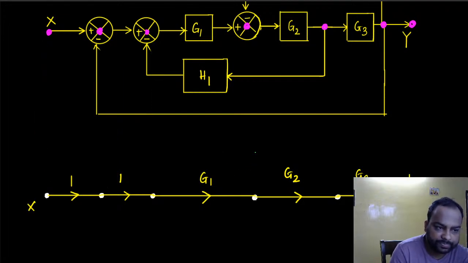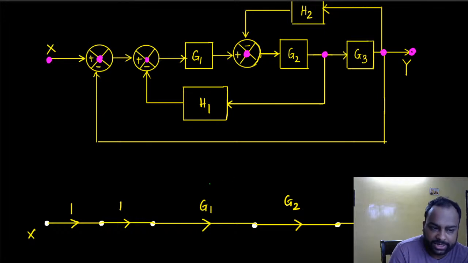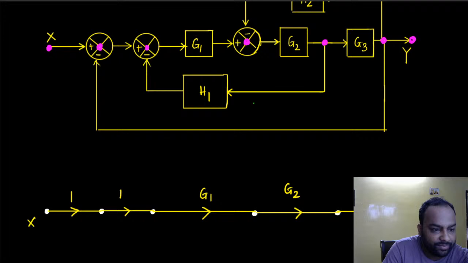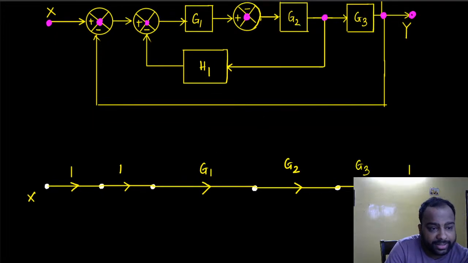All right, now let's think about the other connections. What other connection do I have? So I have this H1. The question is, what is this H1? This H1 is basically a connection between this point and another.